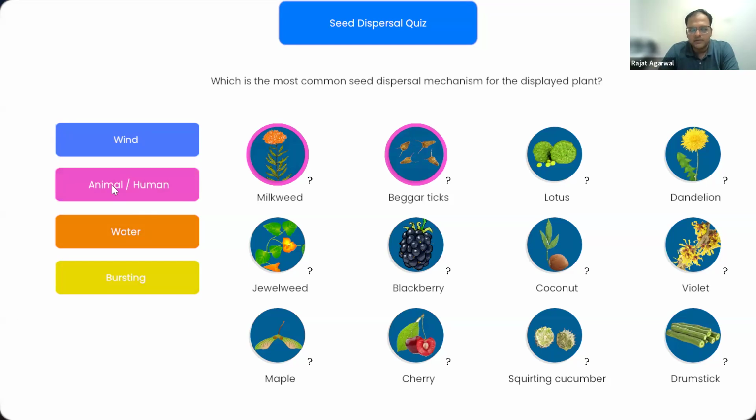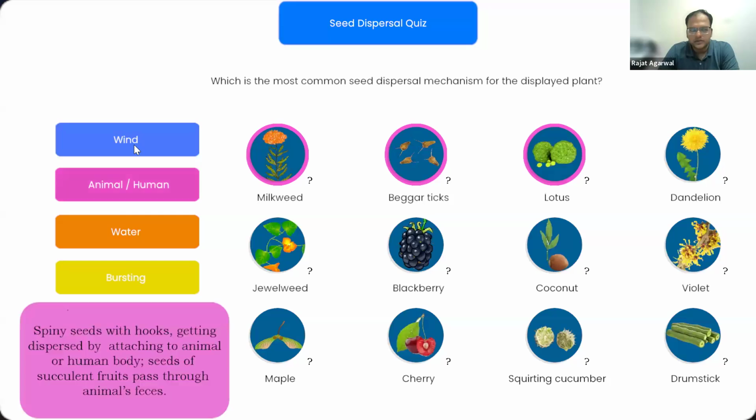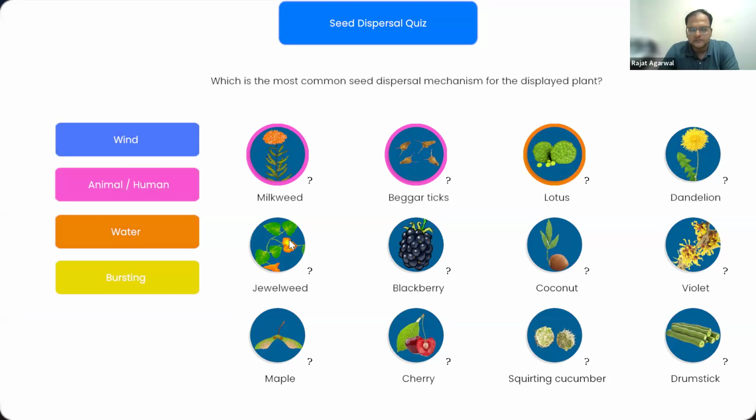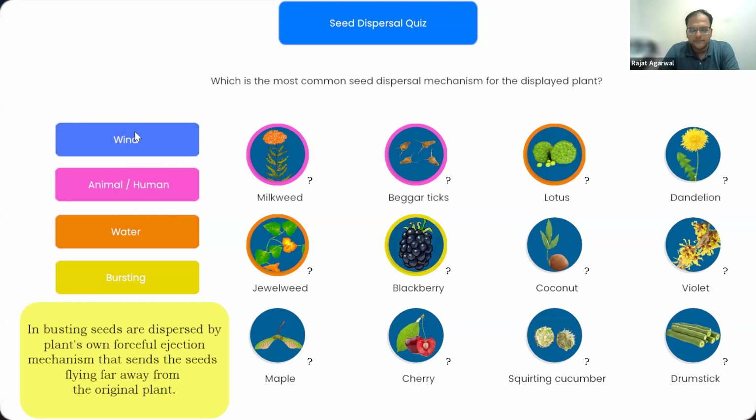Beggar ticks, I think this is also with humans, and not lotus. I don't think so. Lotus would be dispersed by water, because I think they need a lot of water, right? So I'm just going to randomly put a few.